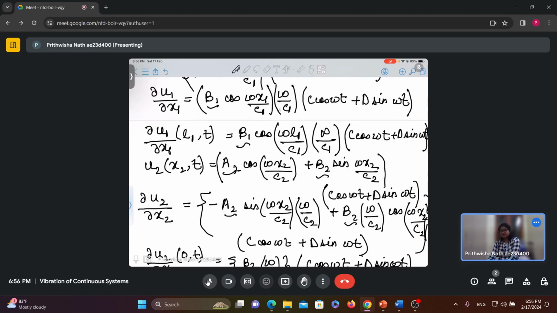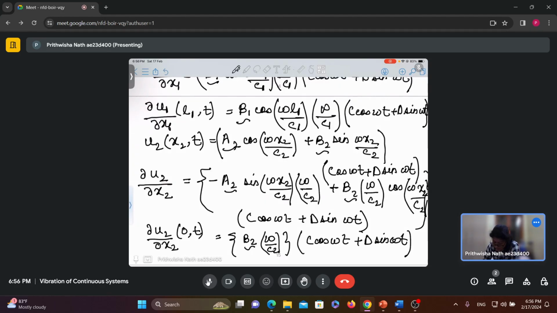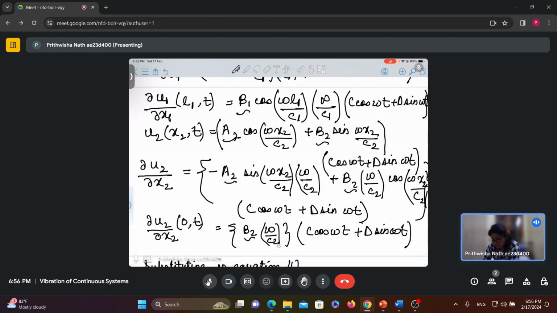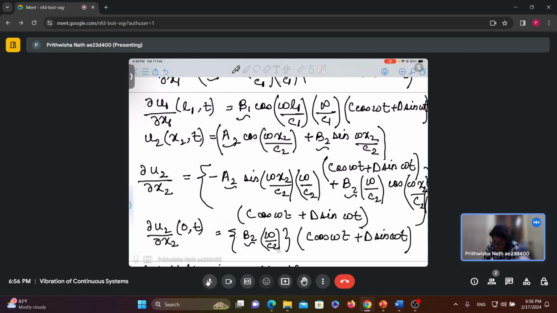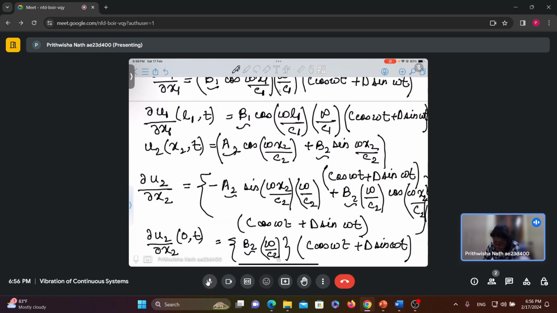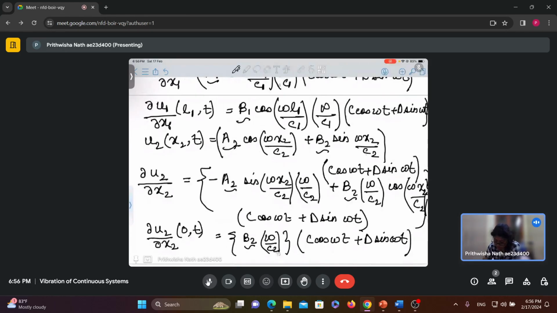Similarly, with the expression for U2 of x2 comma t, we differentiate this. First term is minus of A2 tilde sine omega x2 by c2 into omega by c2 plus B2 tilde omega divided by c2 cos omega x2 by c2, and then the constant term.